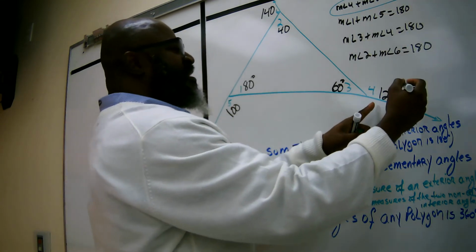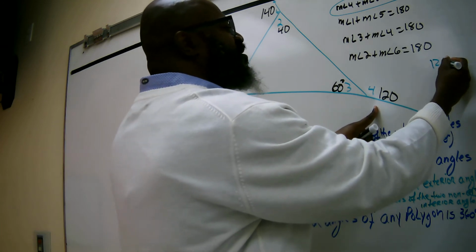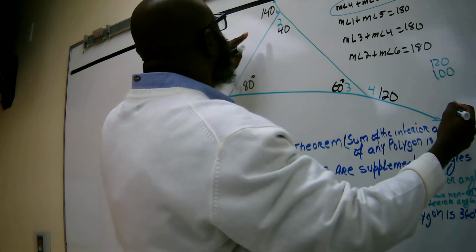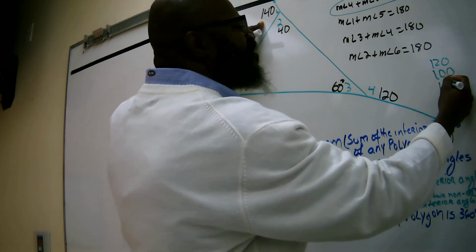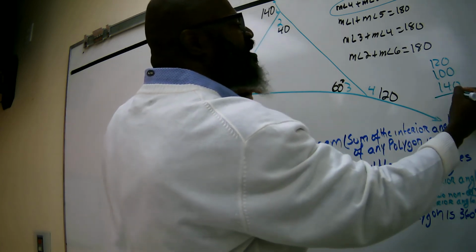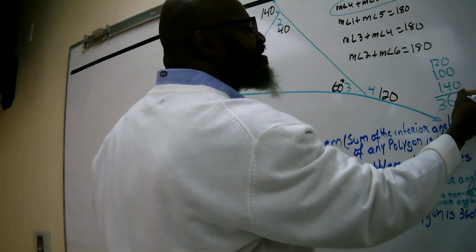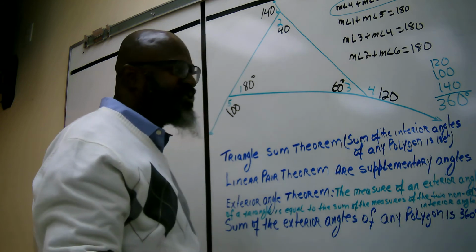I have 120, that's one exterior angle. I have 100, that's another exterior angle. And I have 140, that's the exterior angle. So that will give me 360. So yes, the sum of the exterior angles of any polygon is 360.